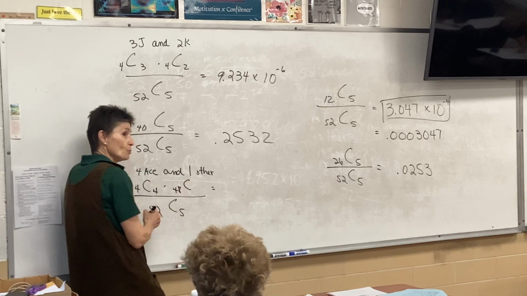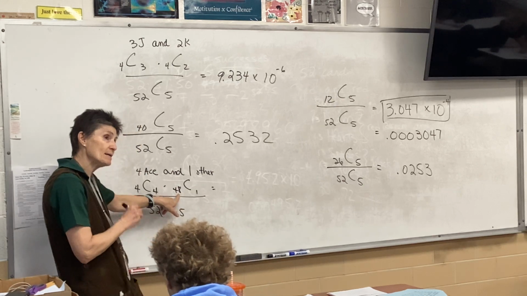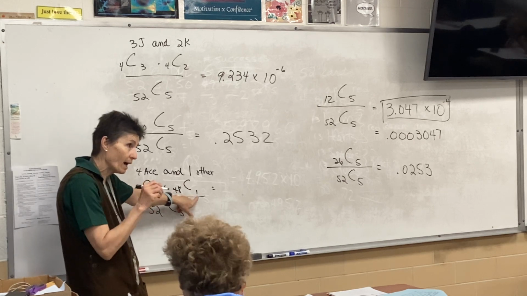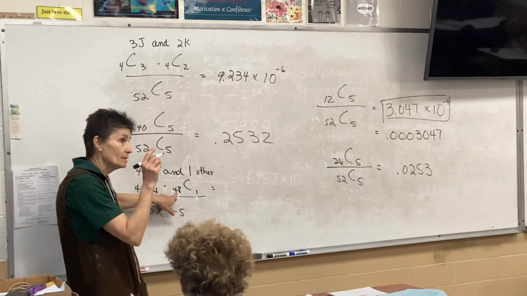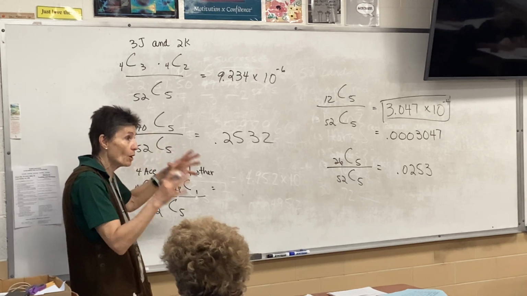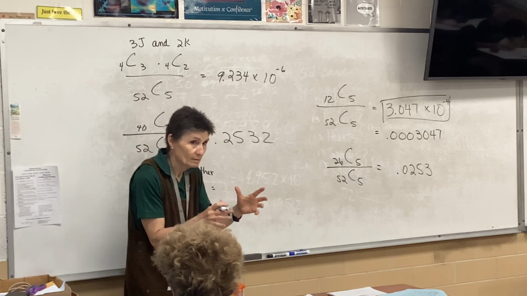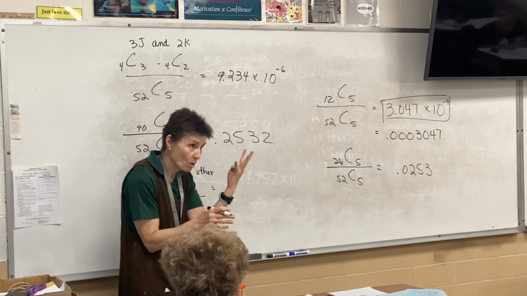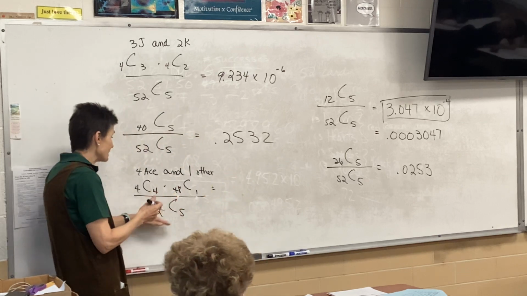And how many of those do I want? 1. So this is how many there are to pick from, and this is how many I am picking. So there are 48 cards that aren't aces. How did Hugh know that? How many cards are there altogether? 52. How many of them were aces? 4. So how many aren't aces? 48.